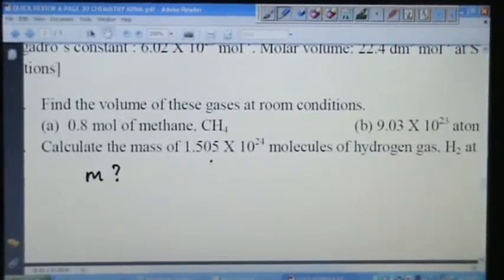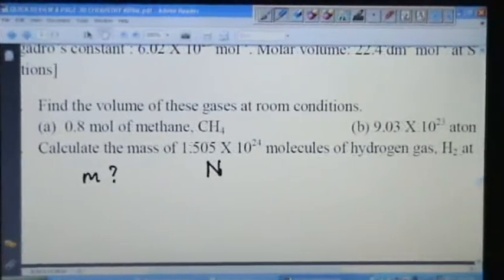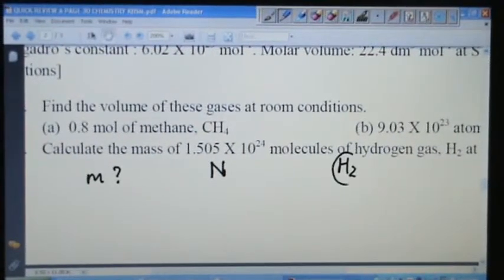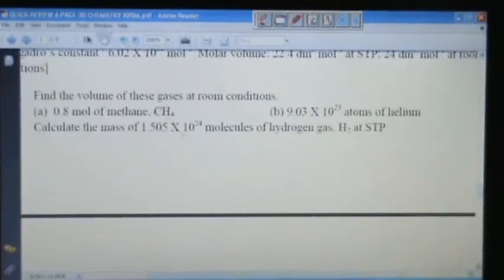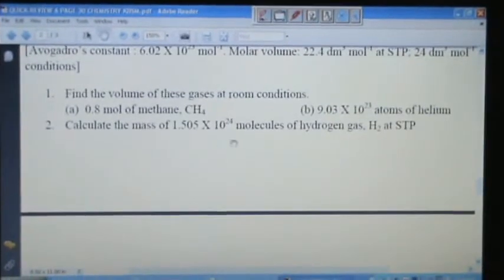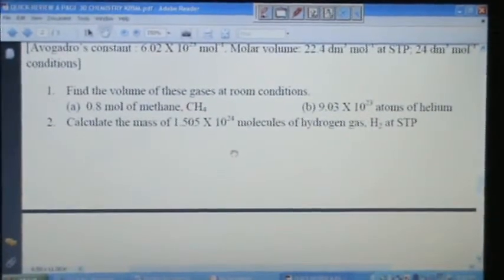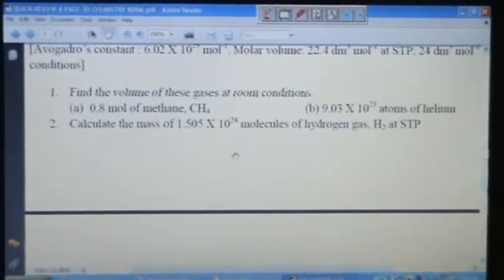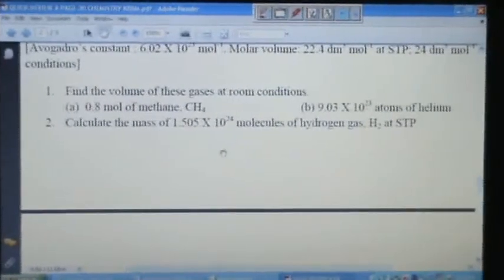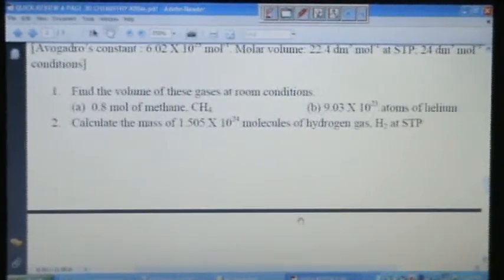Here this one is big N, and then they say molecules of hydrogen gas, H2. Remember to write all this down so that it's easier for you to do the question later. I sense that the question has some error, but nevertheless, let's try to do it.